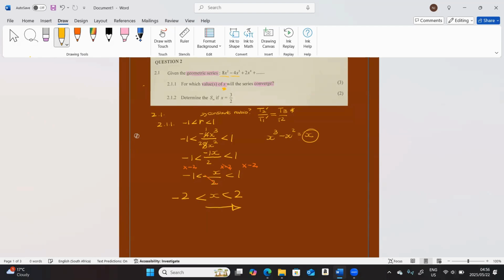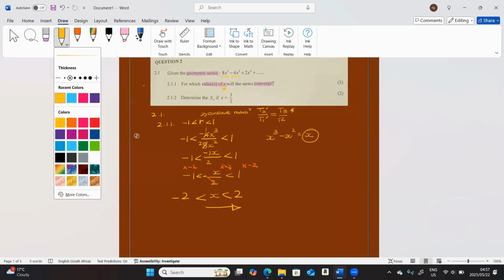Now, I just quickly want to explain this to you to make sure that you understand. So let's have a look. Originally, over here, x should be greater than the answer that we have here, which is 2. So x should be greater than 2. But remember, sorry, x should be smaller than 2 because of the sign change that we applied. So x should be smaller than positive 2.